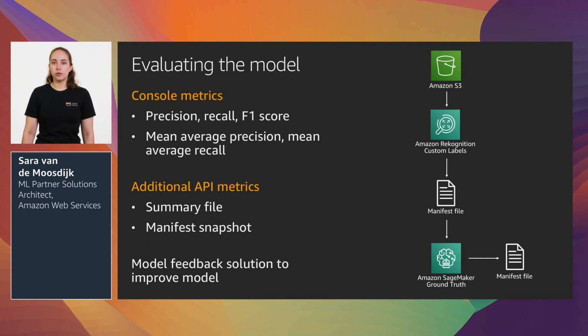What it allows you to do is, once you have a trained model and you're sending images through this model, you can use the model feedback solution to send the results of the inference to an Amazon SageMaker Ground Truth job, where human annotators can look at the results and provide feedback. They can perhaps edit them, or they can accept the answer as the correct one. This is just another way in which you can ensure that the model you're using is really correct and that you're happy to use it further.